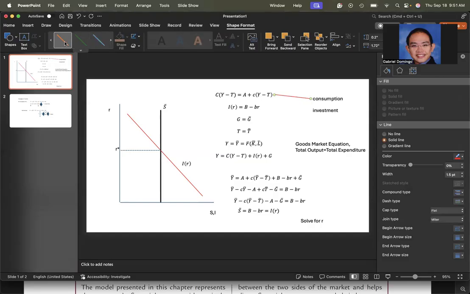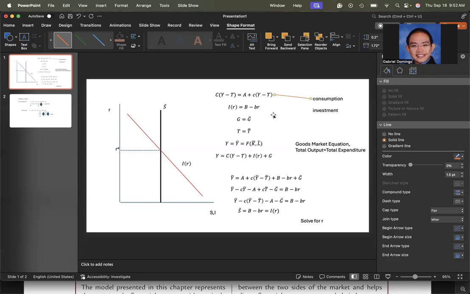Typically, when we turn this into math, your consumption function will have a portion, A, that's not a function of your disposable income, and a part which is a function of your disposable income. C, the small letter c here, is your marginal propensity to consume. So this is just a simple line that goes up as Y minus T goes up, because C is a positive number.